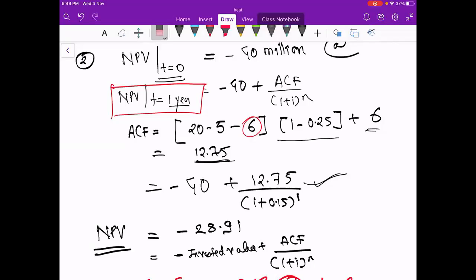Calculate it from the general formula and tell me the answer. How will you subtract 5 two times? Expenses will be only one time, no?